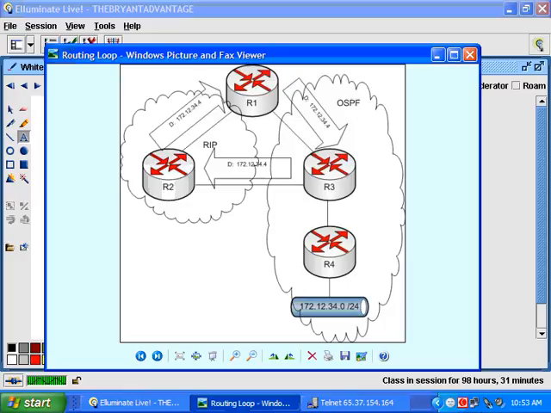And again, when we talk about preventing routing loops and then fixing them, there is no one-size-fits-all solution for routing loops, because the solution that you use is going to depend on your network topology. It's going to depend on where the routing loop could take place. It's going to depend on the pre-existing configuration.